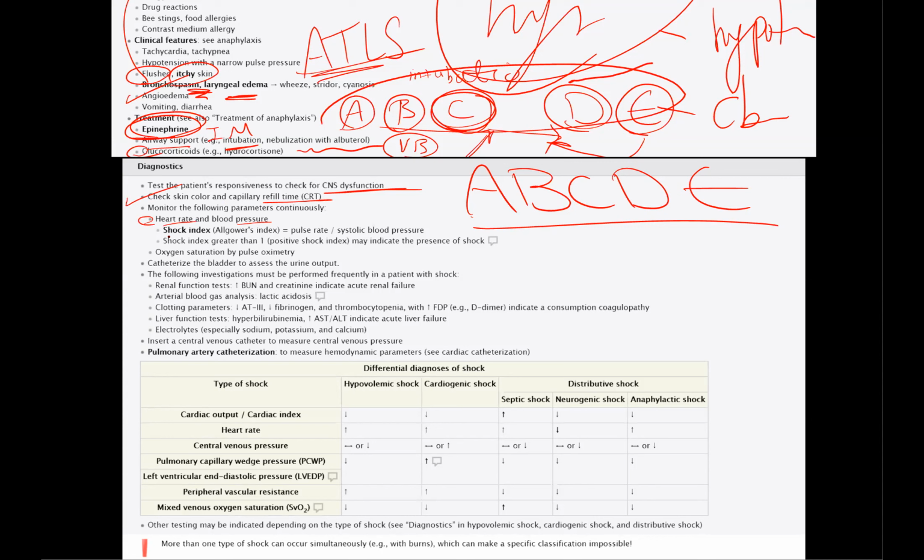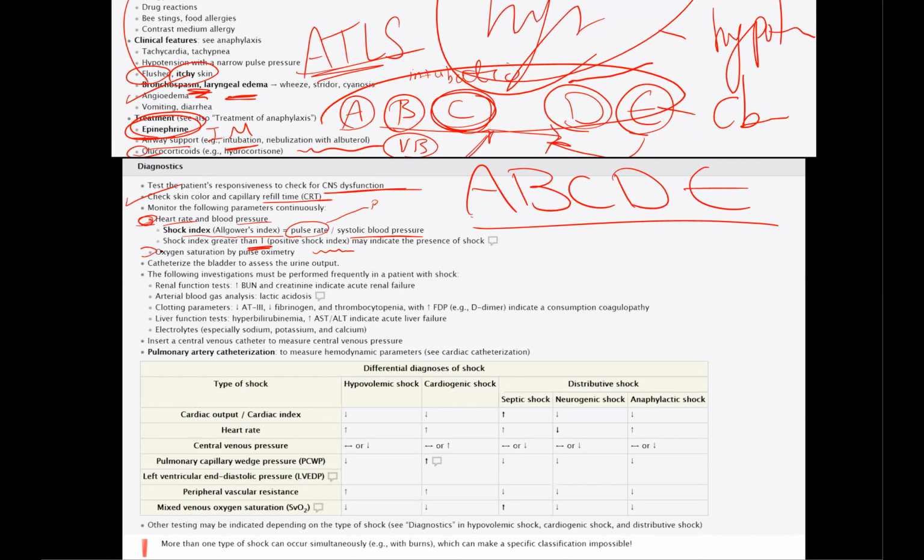Okay, the shock index, or Allgower's index: measure the pulse rate over the systolic blood pressure. If the pulse rate over systolic blood pressure is more than 1, this is called a positive shock index and may indicate the presence of shock.